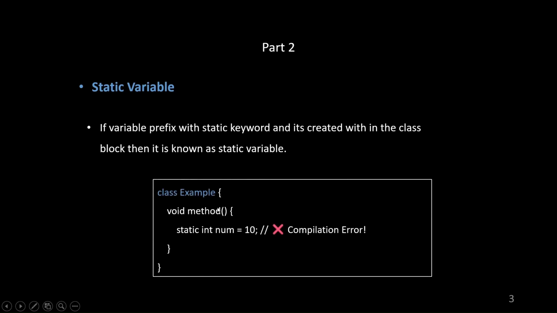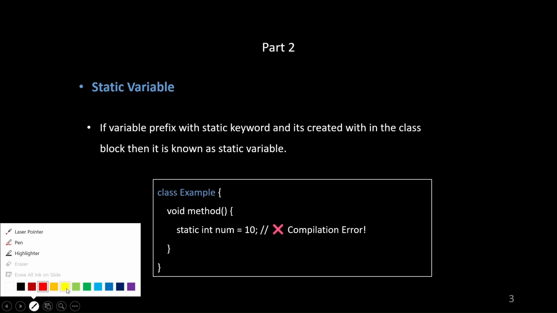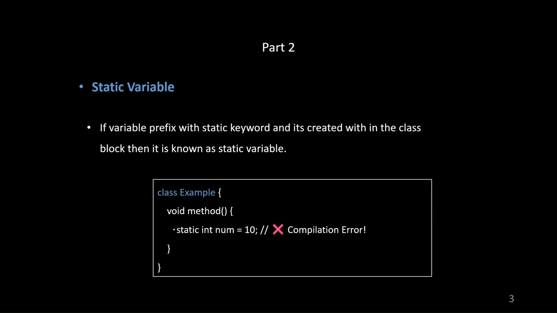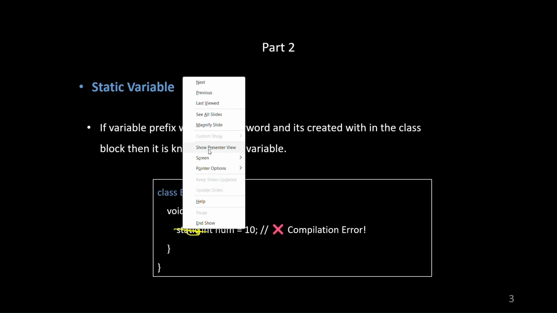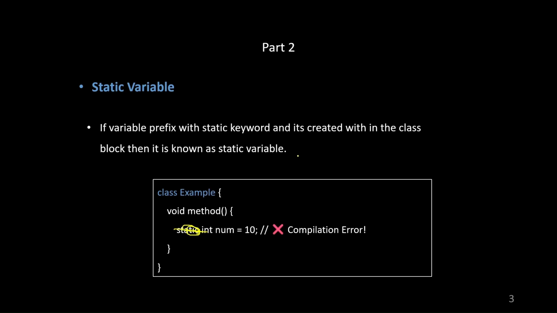So as you can see in this example, if you are writing your variable inside a method, even if it is annotated with static, it is not a static variable.